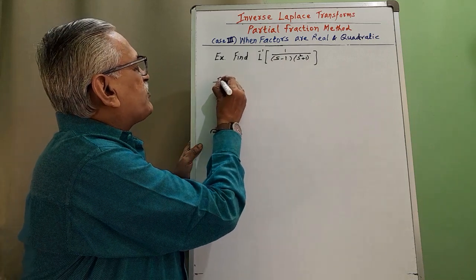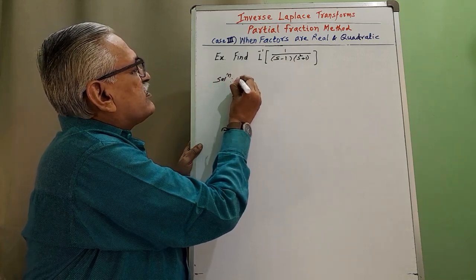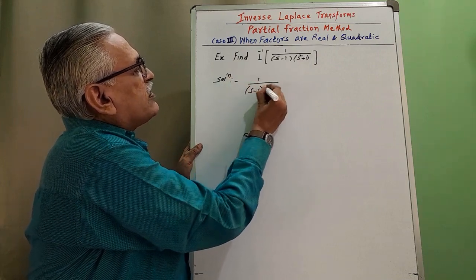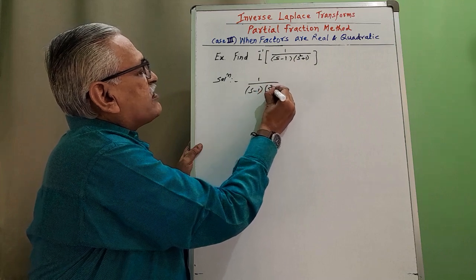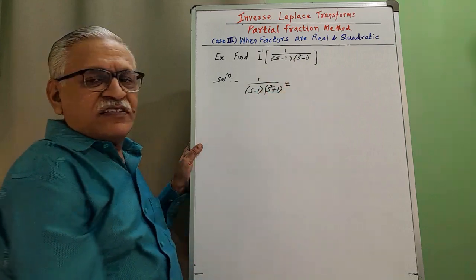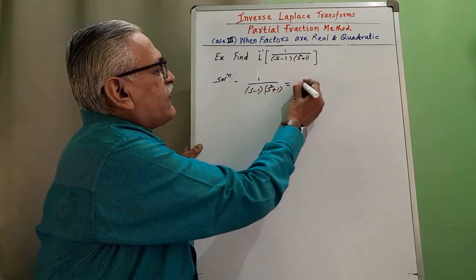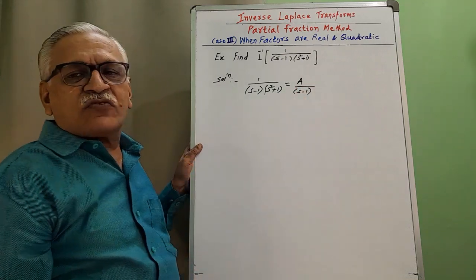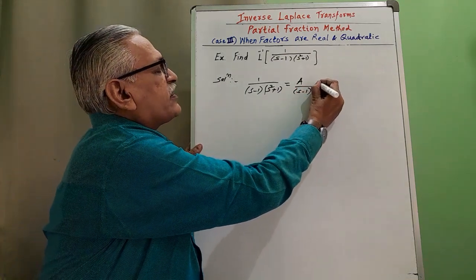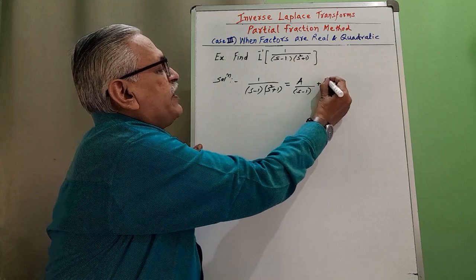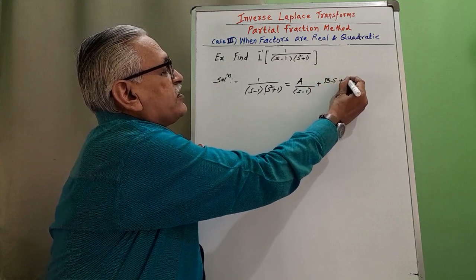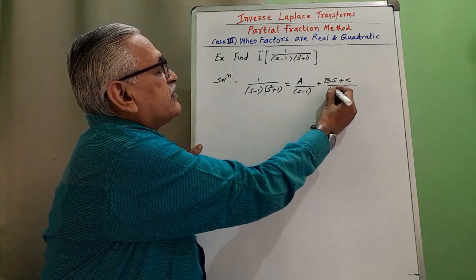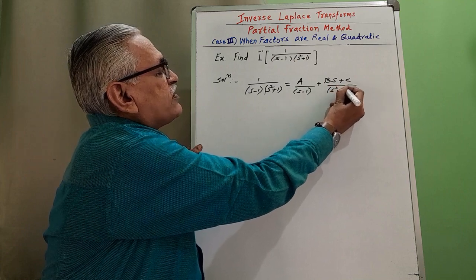I will explain with the help of this example. The given term 1 upon (s minus 1)(s square plus 1) we can rewrite as, for this real and distinct factor, A upon s minus 1, and for this quadratic factor, the way to write the partial fraction is (Bs plus C) divided by that factor s square plus 1.